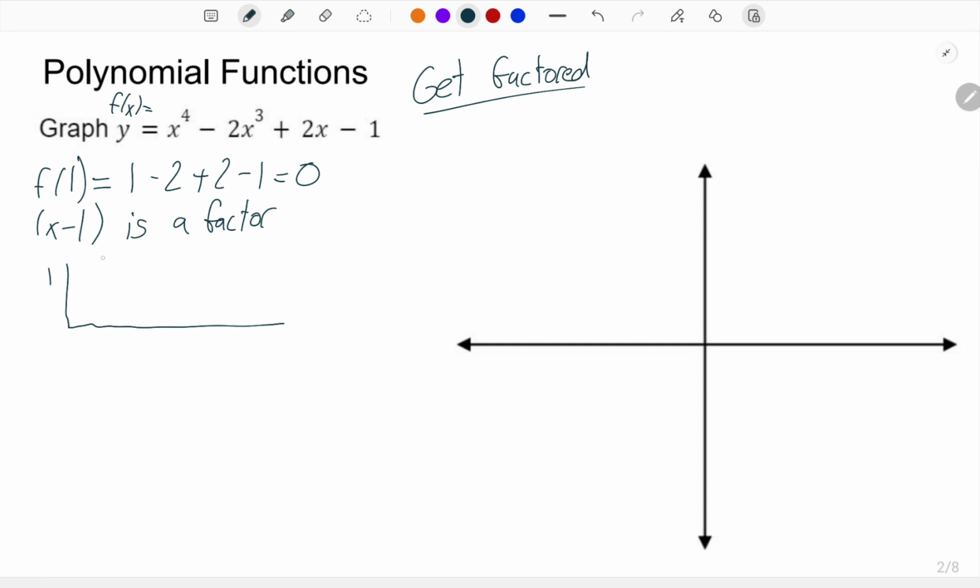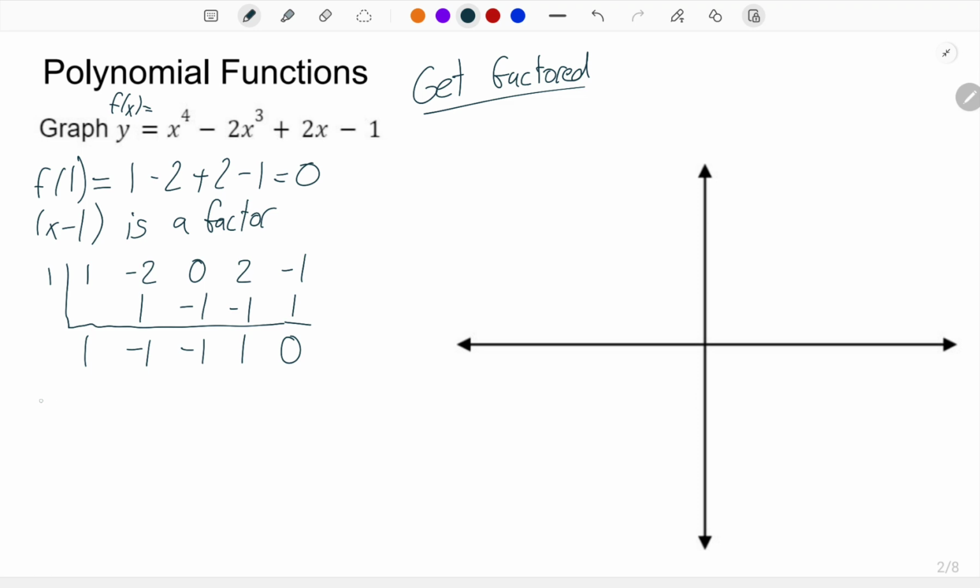So we're going to put the 1 there, 1, -2. Since x squared is missing, put a 0 there, 2, -1. And drop the 1. 1 times 1 is 1. And that's going to become -1, -1, and 0 is -1. 1 times -1 is -1. 2 and -1 is +1. 1 times 1 is 1, leaving us with 0 at the end there.